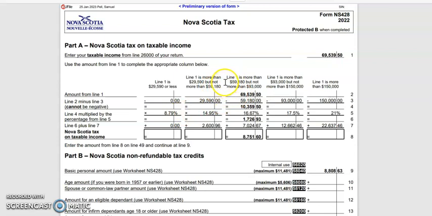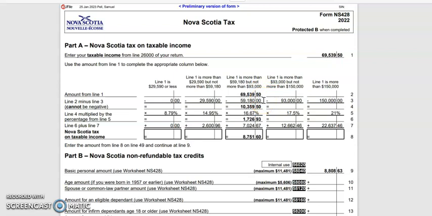If it is between your 29,590 and your 59,180, then we'd use this column, but our amount falls into the next column. So it's below 93,000, but above the 59,000. So we put it on line 1, the 69,539.50, subtract off the 59,180, which is the lower end.